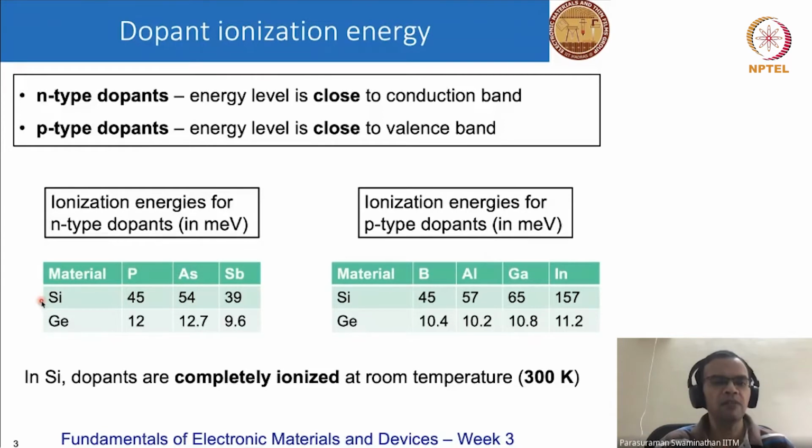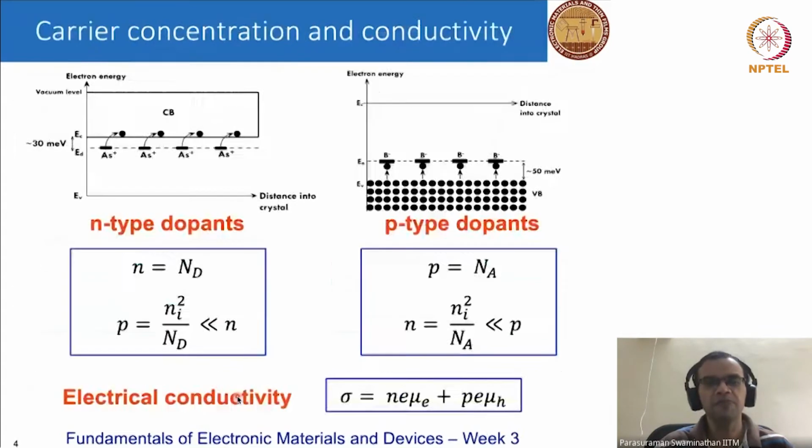So typically for silicon and germanium, we have a set of materials that are used for dopants. And more importantly, the energies are in such a way that at room temperature, the dopants are completely ionized. This is again very important from a practical application aspect.